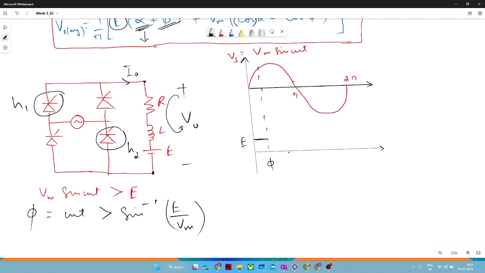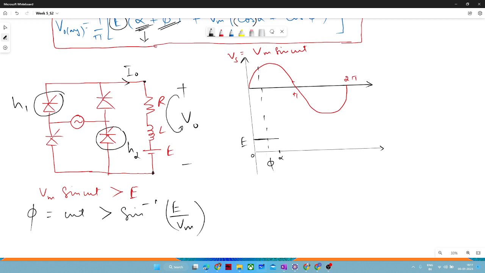After beta, both H1 and H2 will come in forward blocking mode. They will come in forward conducting mode whenever you provide the gate triggering pulse. Let us suppose you provided the gate triggering pulse again at alpha, and this alpha is the duration from this 0 point.